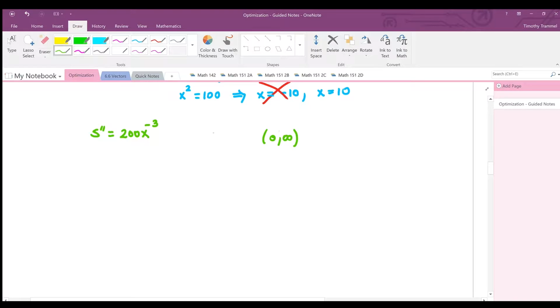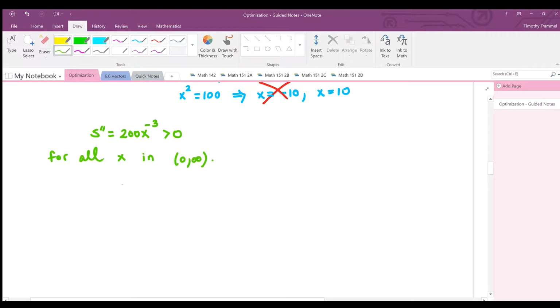Well, if x is some positive number, then you have 200 times some positive number to the negative 3, which will always be bigger than 0. So what we have is the second derivative is greater than 0 for all x in 0 to infinity.